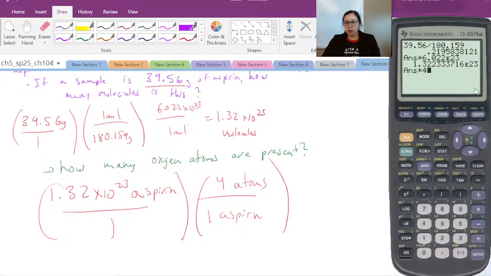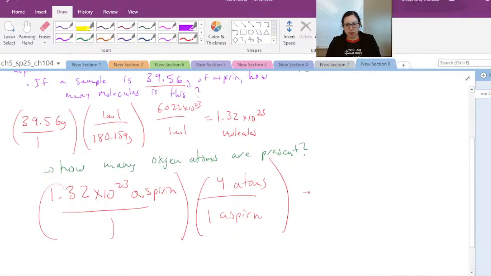Since we already did all the work of finding moles and molecules, we can just take our previous answer and multiply it by 4 and say we have 5.29 times 10 to the 23rd oxygen atoms.